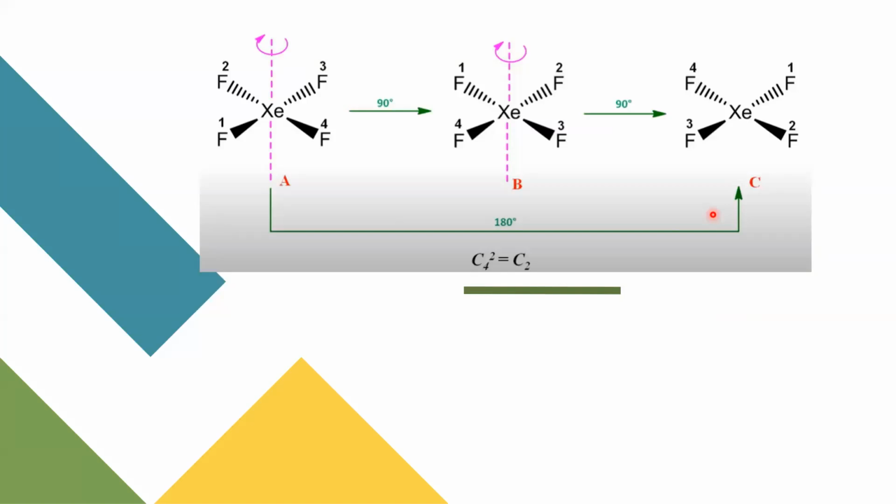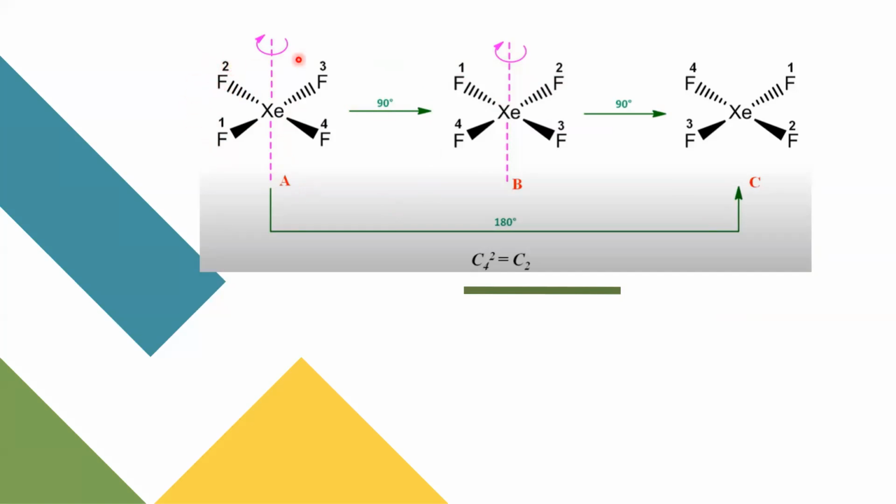Because when we rotate this, yes, it is a C4 molecule, right? So here you rotate it by 90 degrees, right? You rotate it anti-clockwise, and then this F labeled number 1 will move here.